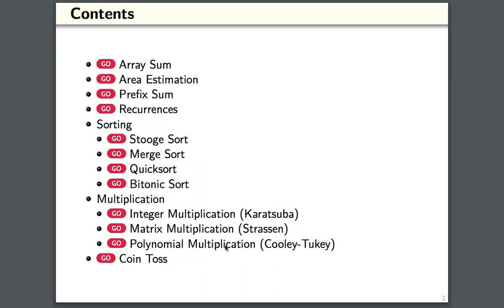We will not have time to cover polynomial multiplication and probably coin toss also. Let's see. In 3 lectures, we want to cover as much as possible: a lot of problems, the intuition behind them, takeaways, design, complexities, everything. That's our goal.